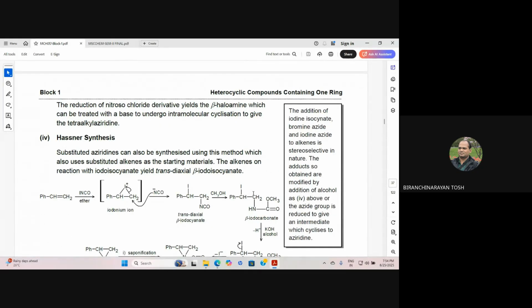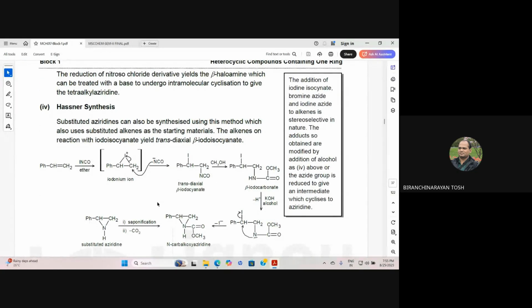Another method is Hassner's synthesis. Here also substituted aziridines can be synthesized. If you are taking styrene here, iodine isocyanate, INCO, is given, and ether is the solvent.